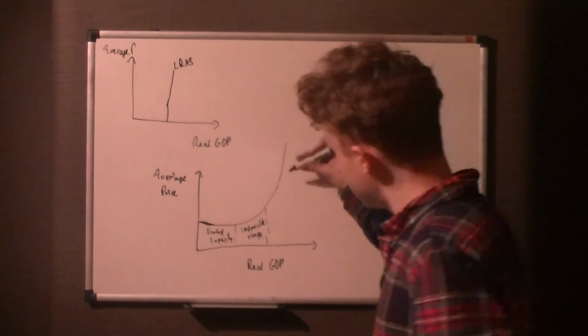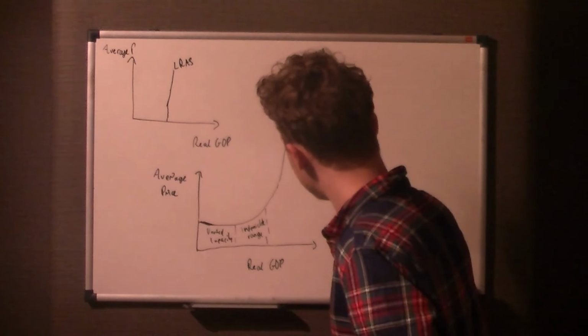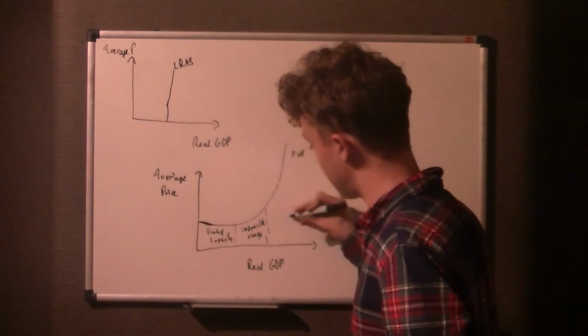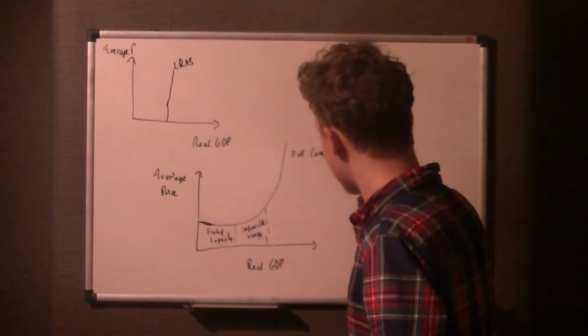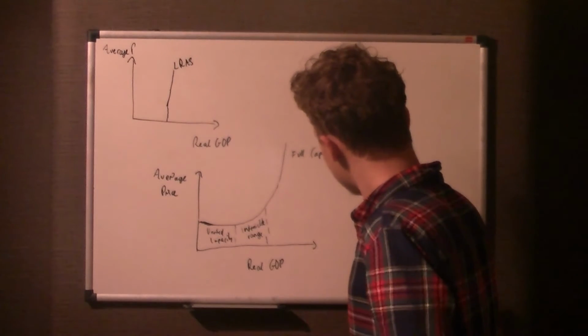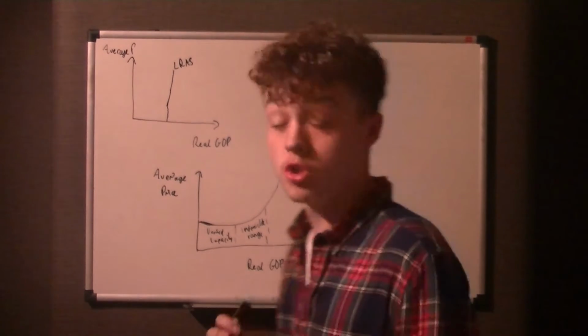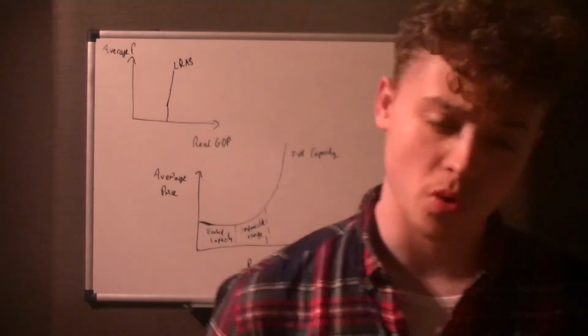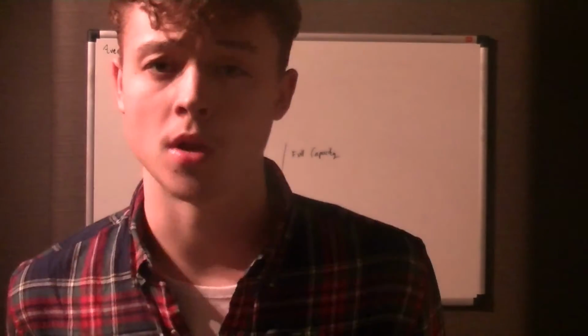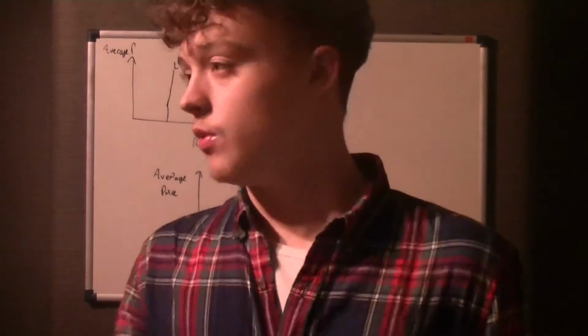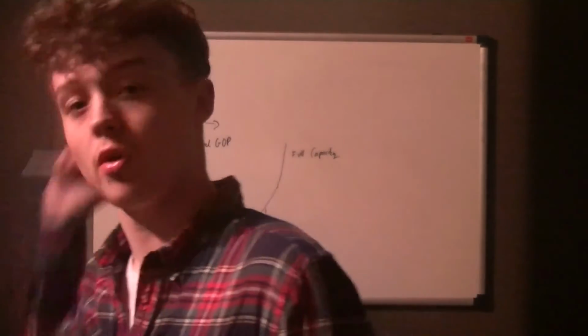And now when it gets vertical, we call this full capacity. Anything after intermediate is full capacity. This is vertical because it's assumed there are no more workers, there is full employment. Now full employment doesn't mean even kids are working in factories, like Victorian Britain.